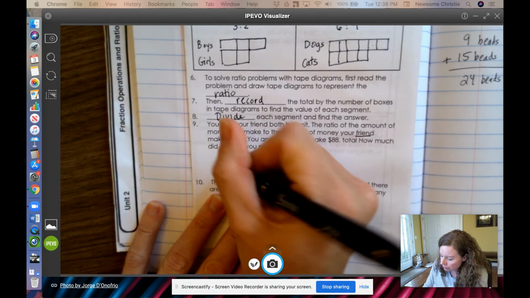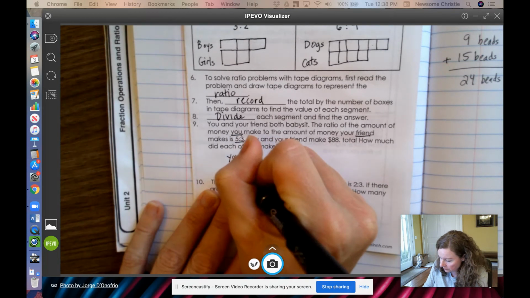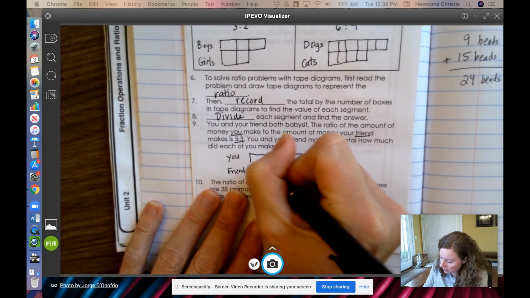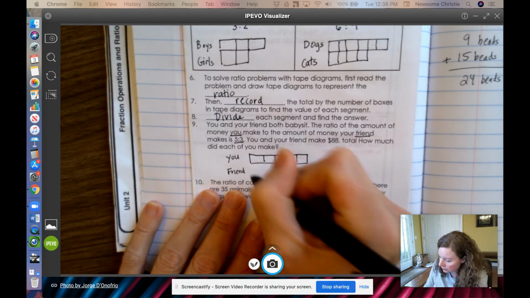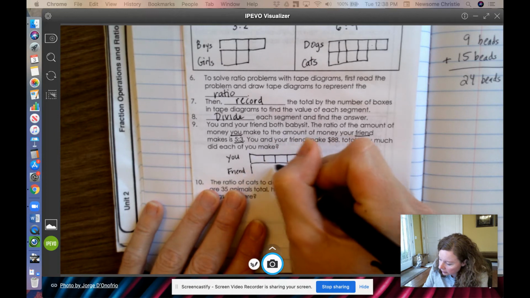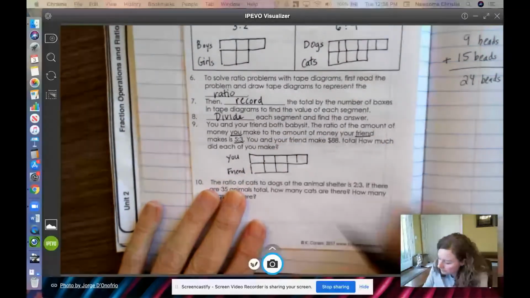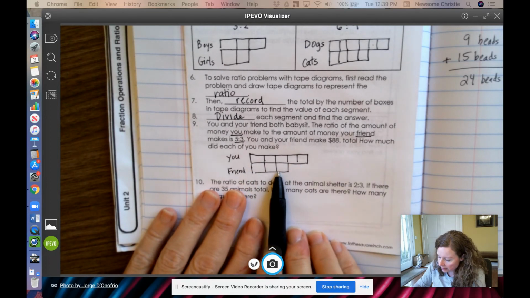So you are first, and then the friend, and it's 5 to 3. So you get a box that's 5 long, and your friend is going to get only 3 long. Okay? You make 5, friend makes 3. That's the ratio, 5 to 3.